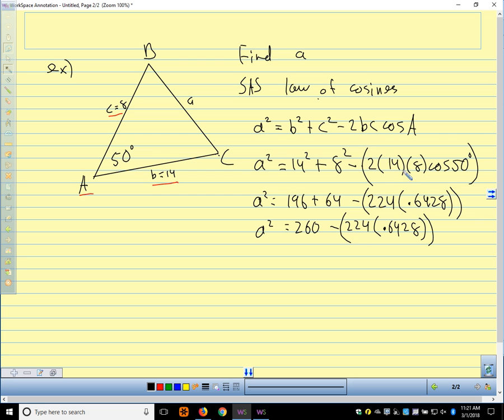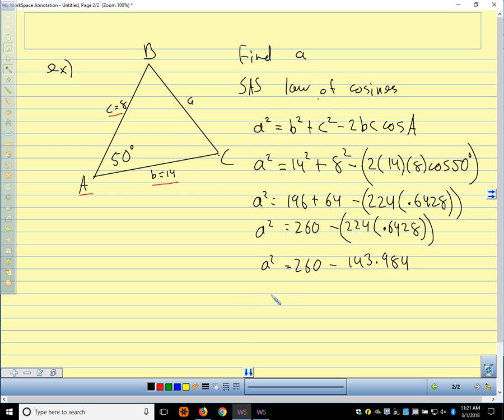You can't just take part of it away. Now I'm going to multiply these together. 224 times 0.6428 is 143.984. Now that I've multiplied these two together, I can subtract.